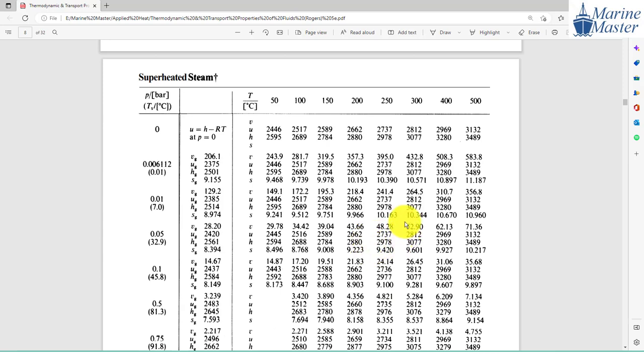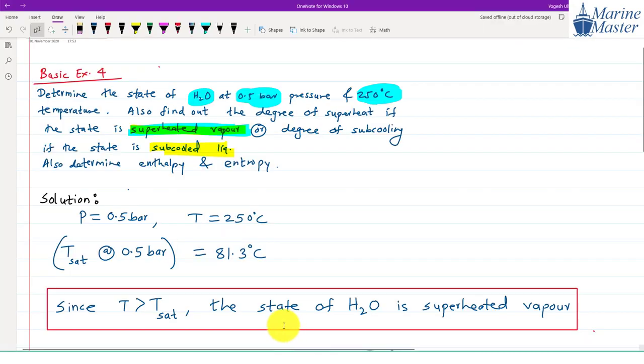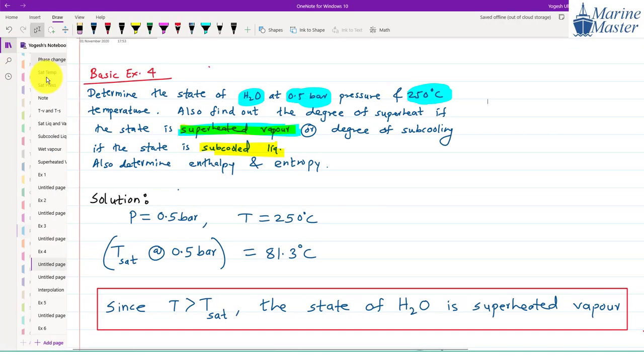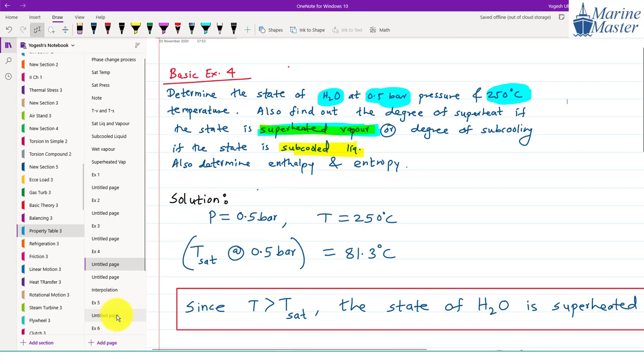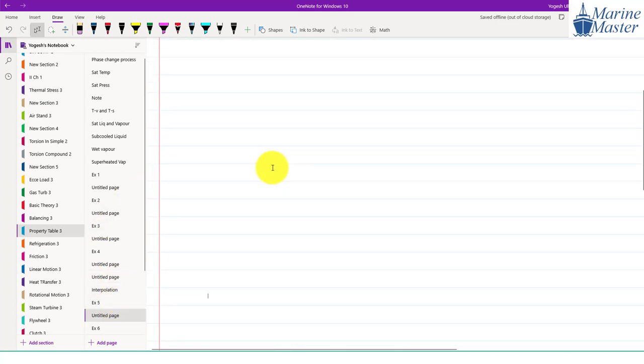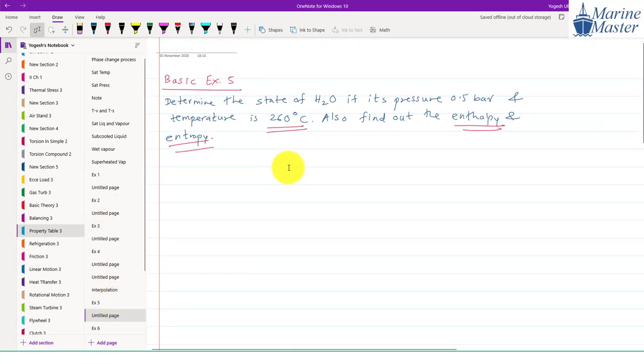And just imagine that 250 degrees Celsius is not available to us. Then what will happen, guys? Suppose instead of 250 degrees Celsius, I'm going to take a next example, basic example 5. Everyone, don't write down anything here. Just see this one. Here pressure is 0.5 bar and temperature is 260 degrees Celsius.